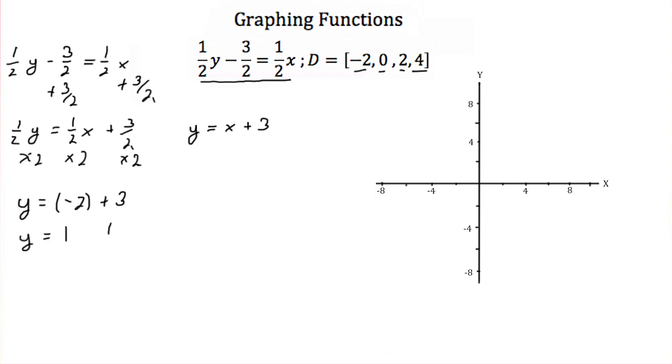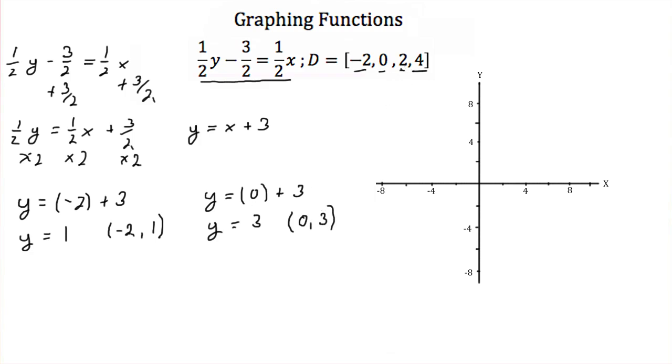So our first point will be negative 2 and 1. Now let's plug in the 0. So y is equal to 0 plus 3. So y is equal to 3. And our second point will be 0, 3.